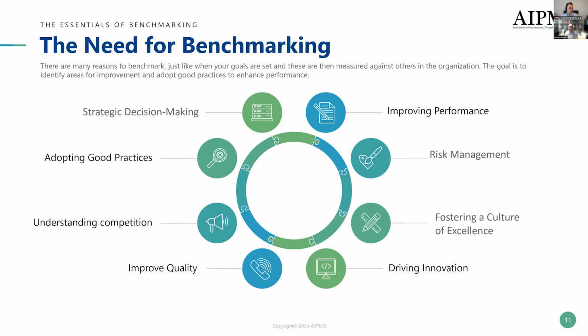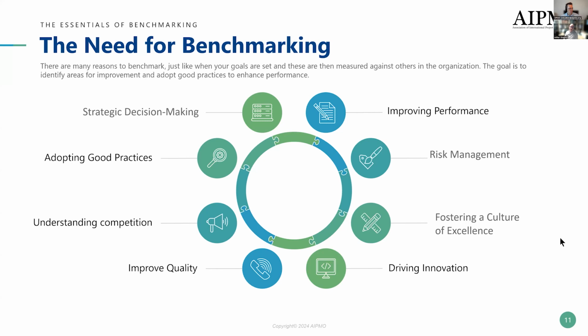Improving the quality of what you're doing as well, so that your customers, your stakeholders are satisfied with what you're giving them. It's also understanding the competition, and that can be internal and external, and we'll speak about that a little bit later. But it's who is competing with the same resources, to understand how you're doing against them. Then it's adopting good or leading practice so that you're continuously improving, which we also saw earlier, and that fostering a culture of excellence.